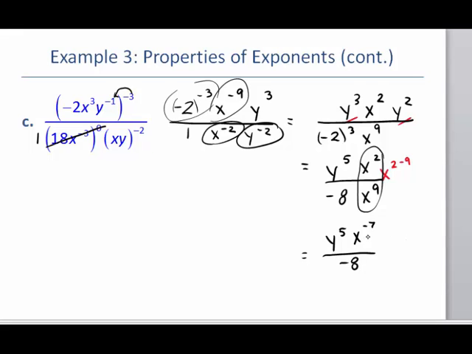All right, and again, we've just created a negative exponent that we're now going to drop to the bottom. So I have y to the 5th alone on the top, -8, x to the 7 on the bottom. And we're done with that one.